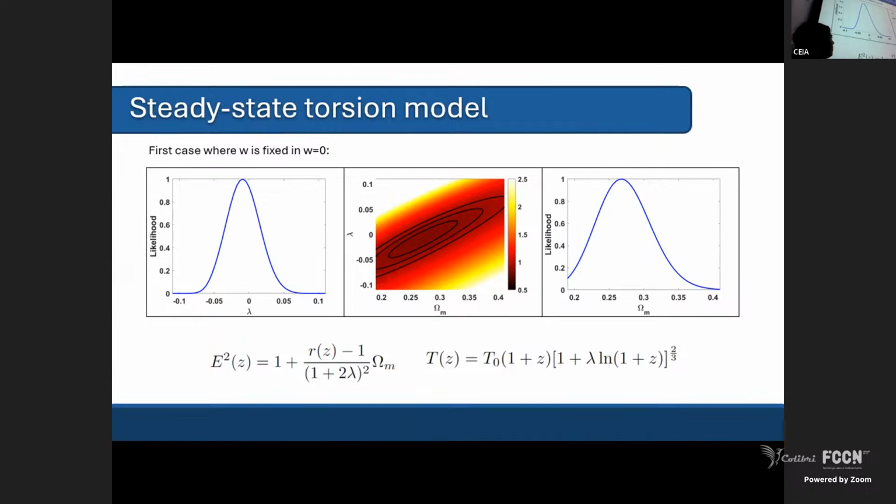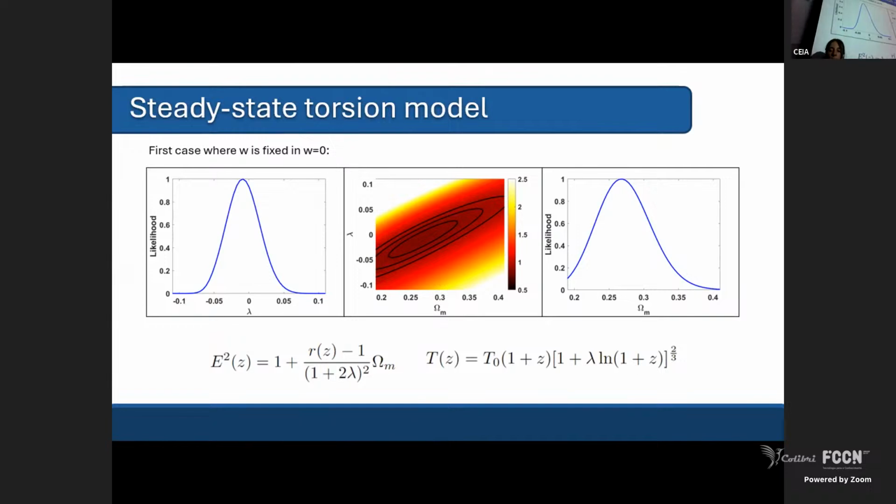We can see if lambda equals 0 in the equations of this model, it's easier to see in the temperature formula, it gives us, again, lambda CDM. So this model with lambda equals 0 is not that innovating.